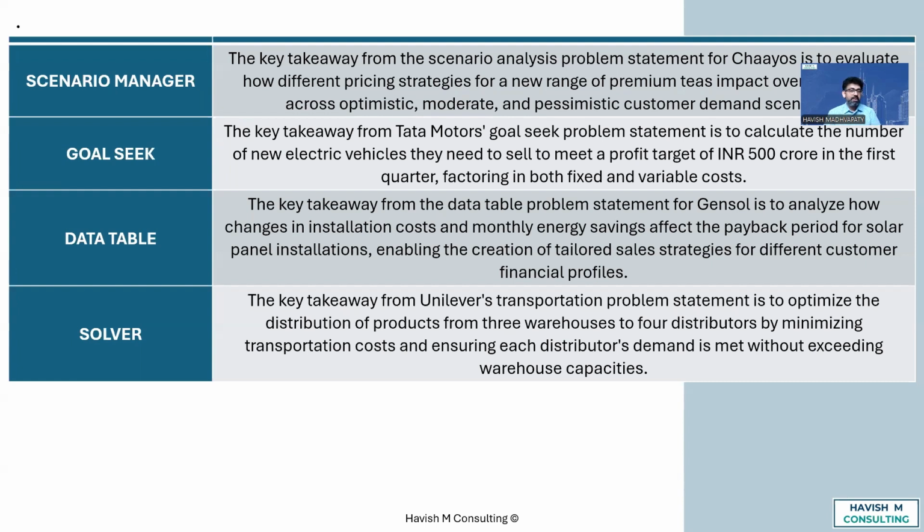In the data table, we'll be working with a solar and energy company, Gensol, where we talk about how installing solar panels or moving from regular traditional energy over to renewable is going to help you save cost. And because this is a pricing calculator, we'll be looking at the payback period, which means, let's say you are opting for a two-wheeler, which is an EV against a typical petrol.